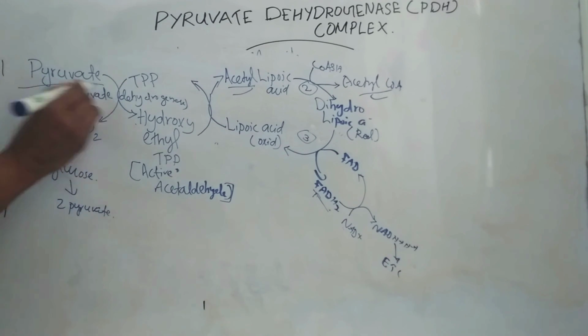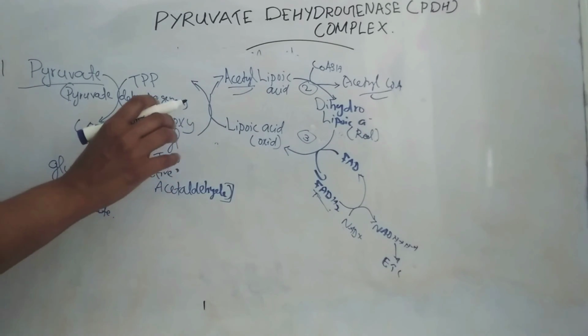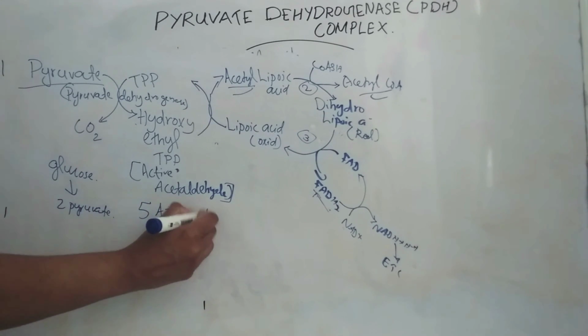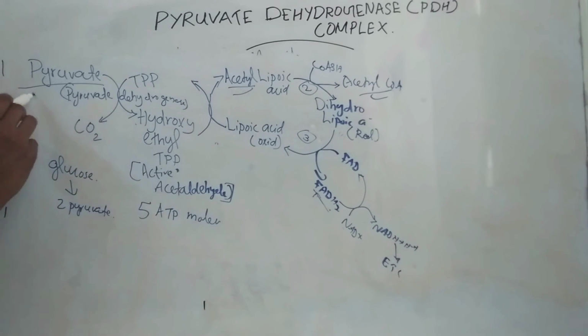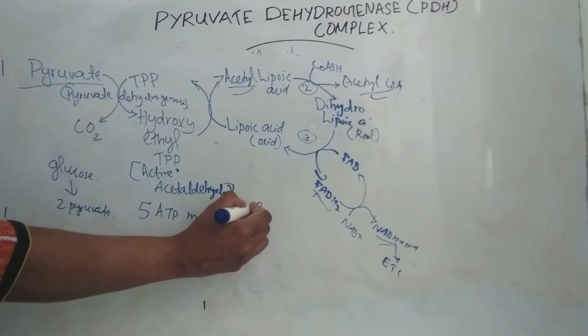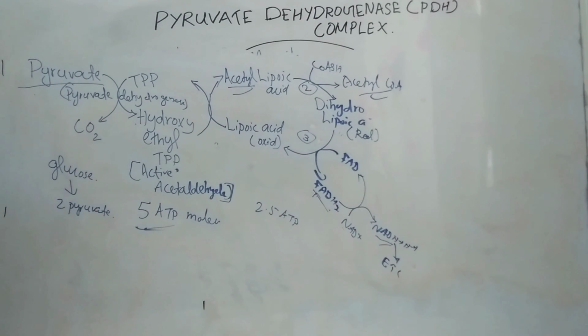From 2 molecules of pyruvate, we will get 2 molecules of NADH. From 1 molecule of NADH, it is 2.5 ATP, and from 2 molecules, it is 5 ATP molecules. That is the energetics. So that is about the pyruvate dehydrogenase complex.